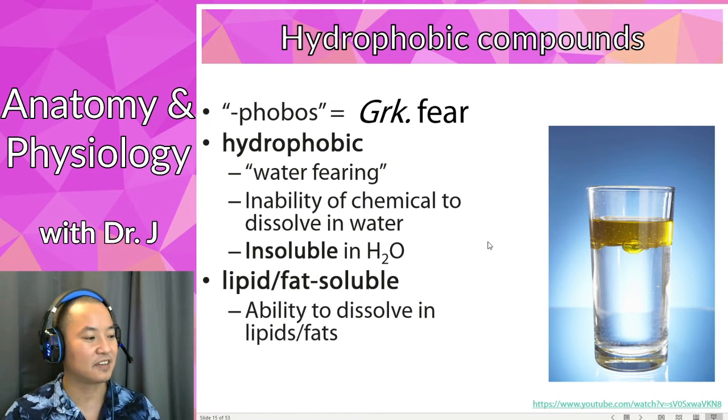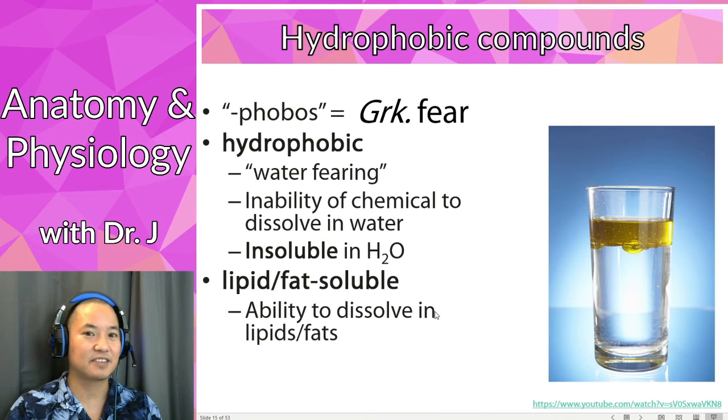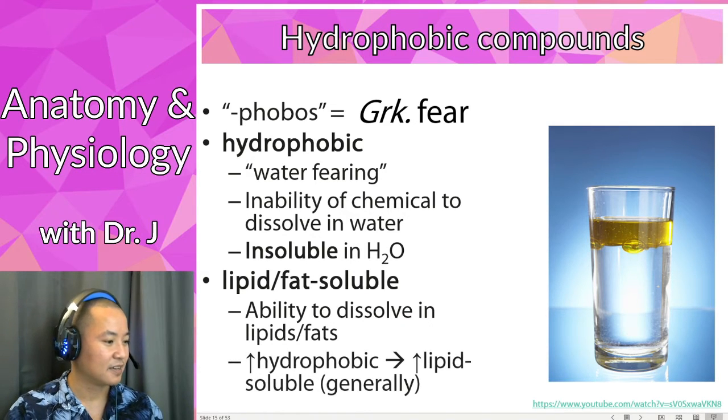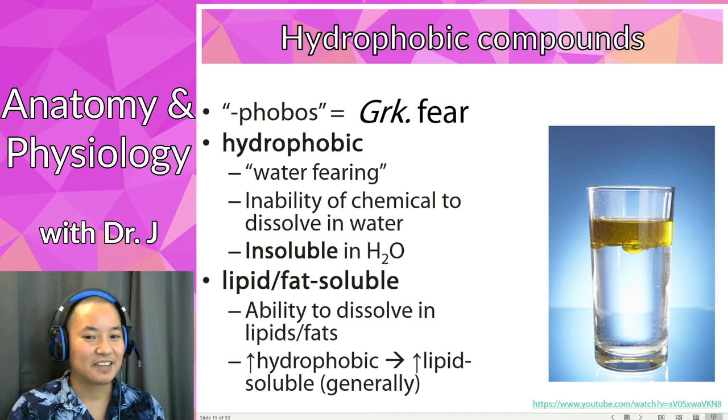Saying something is fat soluble refers to the ability of a compound or chemical to dissolve in lipids and fats versus water. There are some interesting compounds that can dissolve into both water and oils, but when something's very hydrophobic, it tends to be more soluble in lipids and fats versus water.